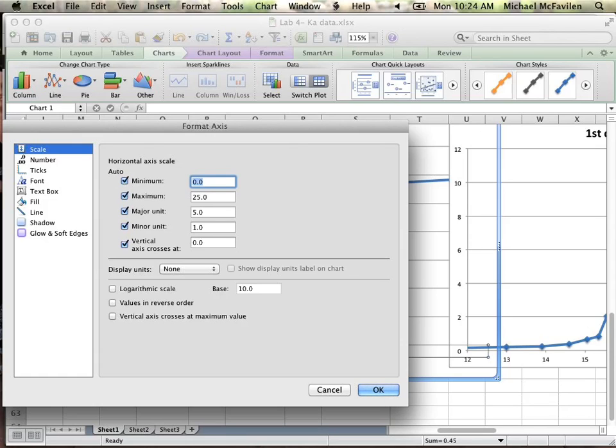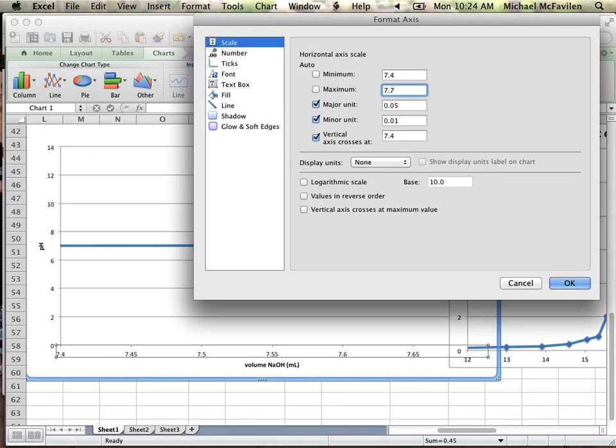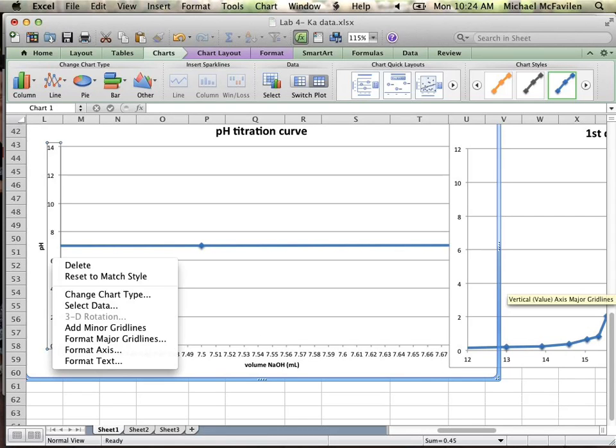What was 15.7, whatever it was, divided by 2? 7 point... Okay, so we'll go 7.4, 7.7. We can read that. Change our pH as well.